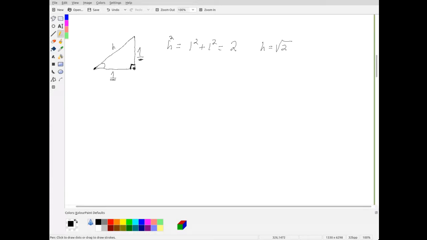This is the right triangle. Both sides are exactly equal. So if both sides are equal and you have 90 degrees here, then you're going to have 45 degrees there. Absolutely.